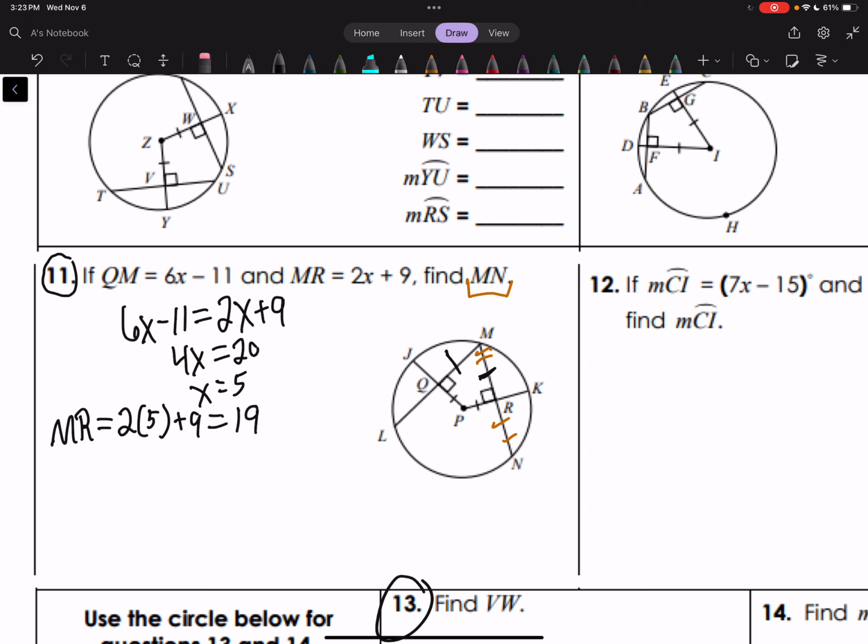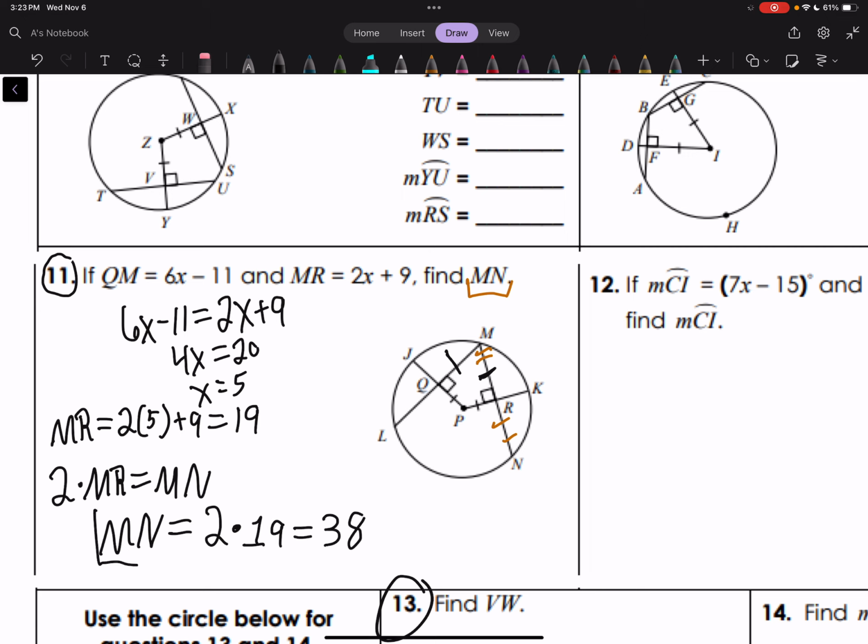So now the length of MR is 19. 2 times MR, because they're congruent, is equal to MN. So MN is equal to 2 times 19, which gives me 38. That shouldn't be too bad, I hope.